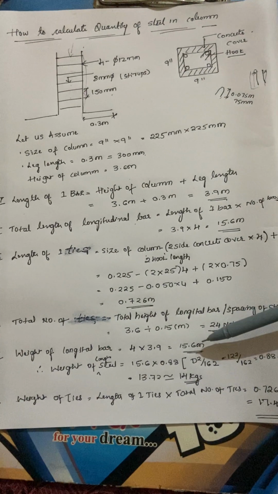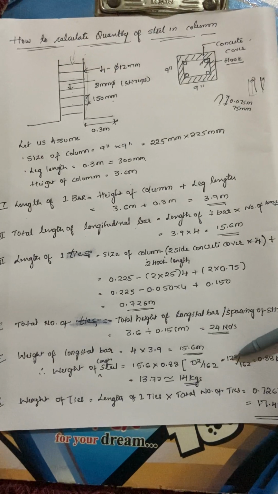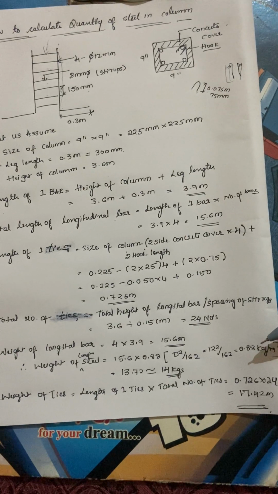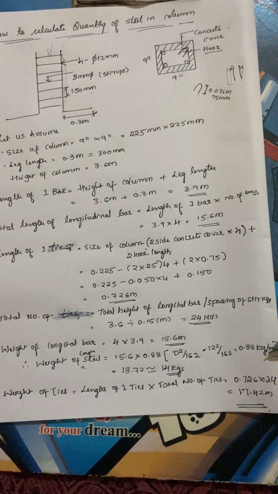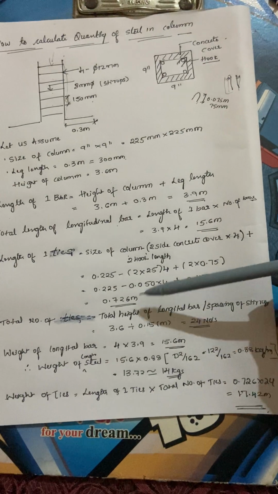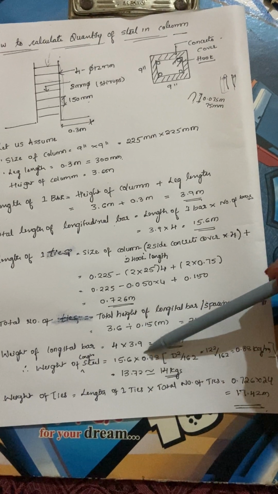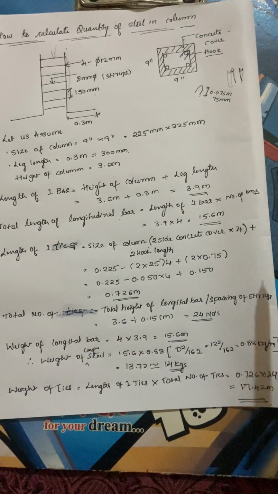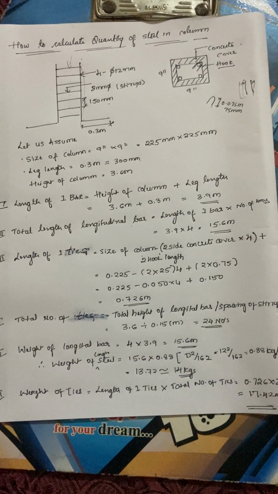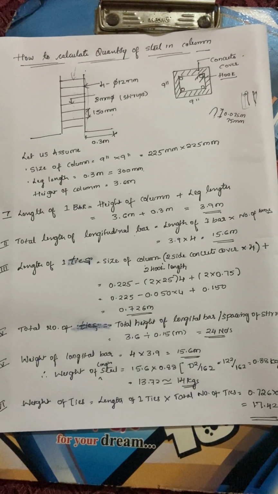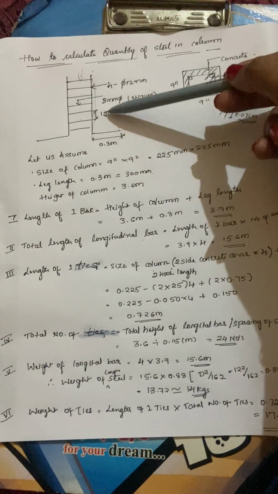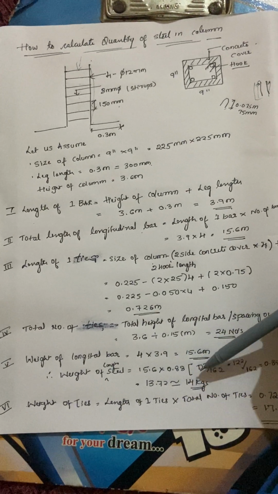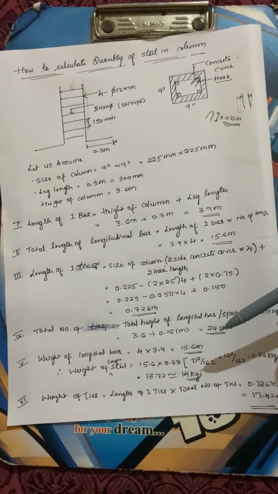So 12 square divided by 162 gives 0.88 kg per meter. So the longitudinal bar required for one single column is around 13.72, approximately 14 kgs.